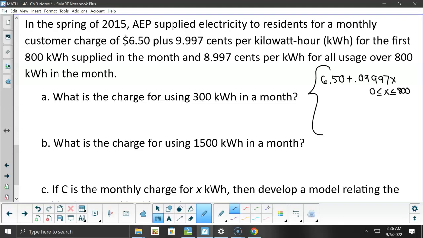So my second formula is going to be the $6.50 plus the lower rate for every x that is greater than 800.